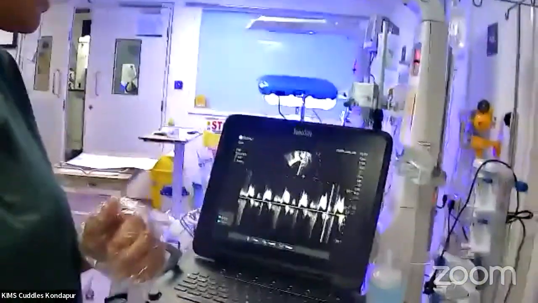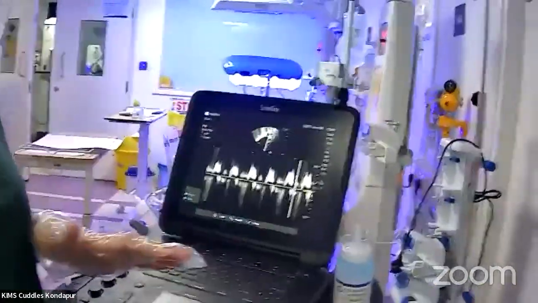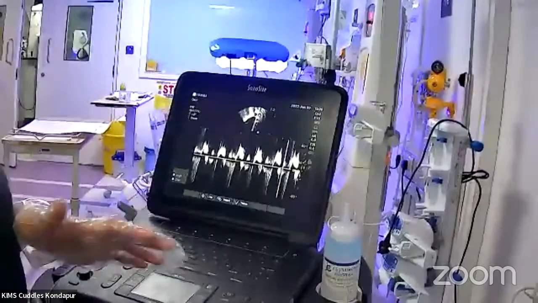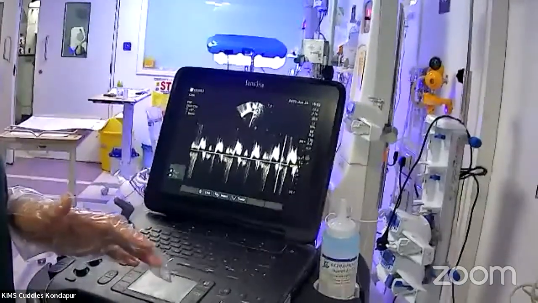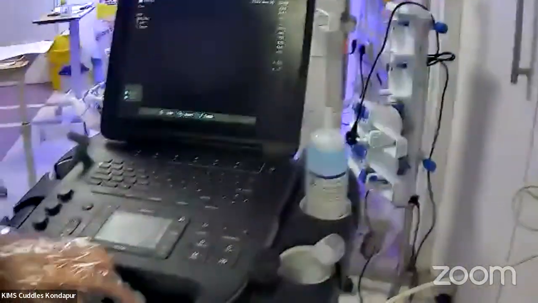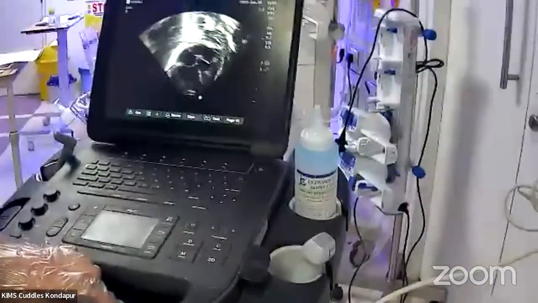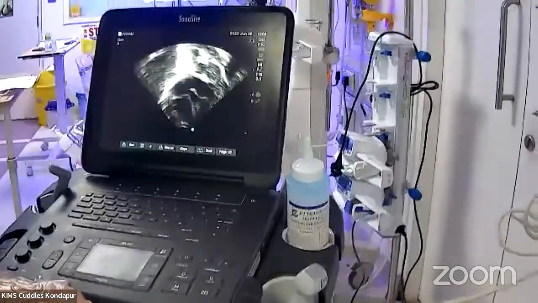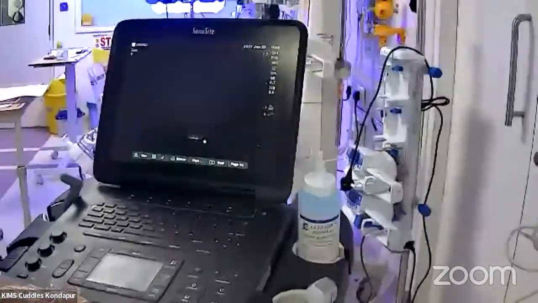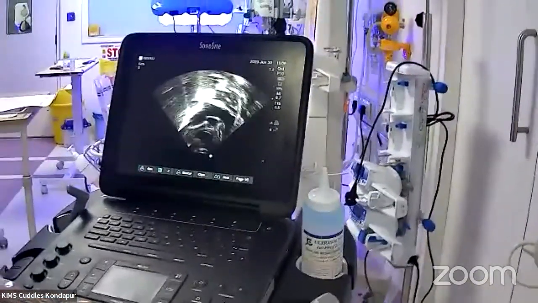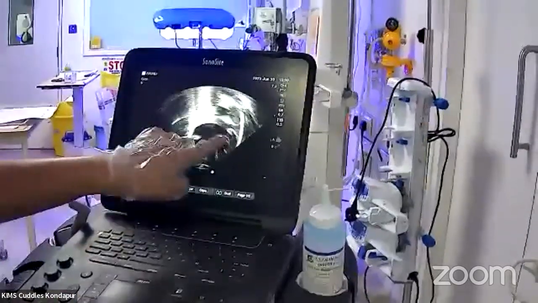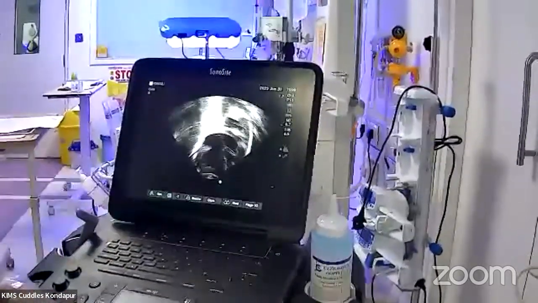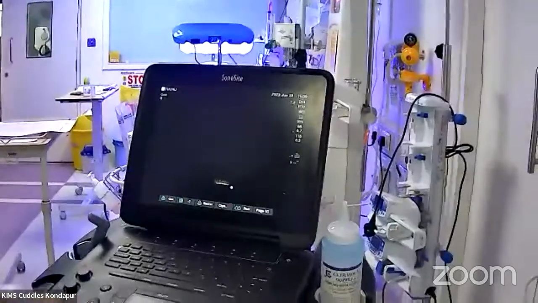So the assessment of the E by A ratio can help us in determining whether there is diastolic dysfunction or not. We assess that by getting an apical four-chamber view and by looking at the mitral valve Doppler. So these are some of the things that we can use in the echo.